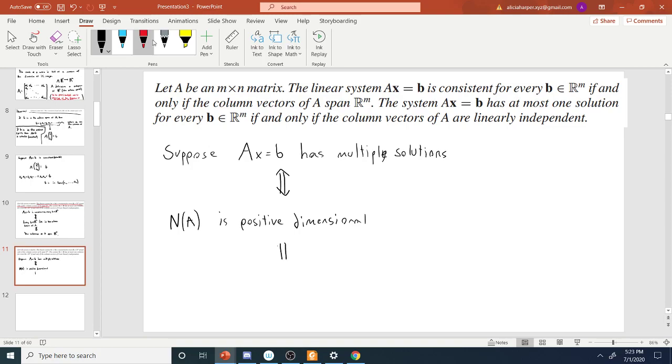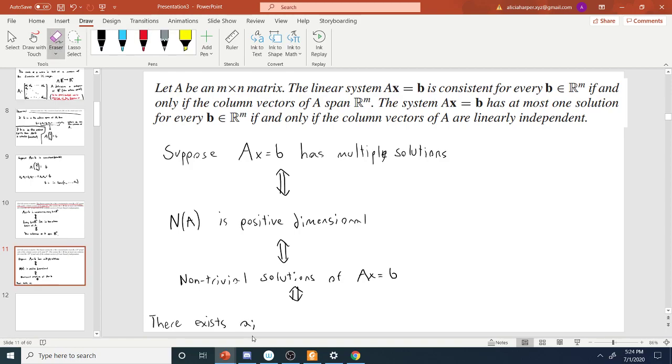And of course, this is the same thing as there being non-trivial solutions of AX equals 0, which in turn is the same thing as there exist, or how about this? I'm going to use a different letter.